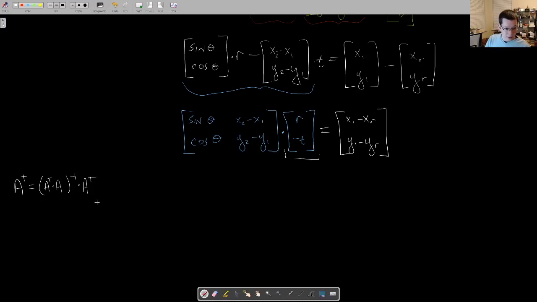And we will apply this pseudo inverse to this matrix.